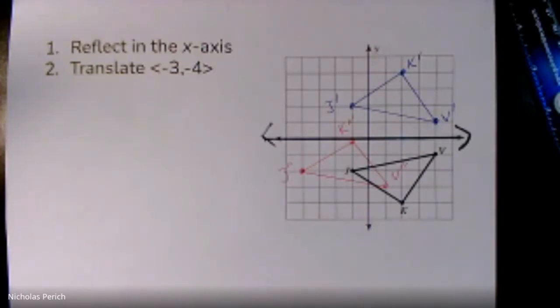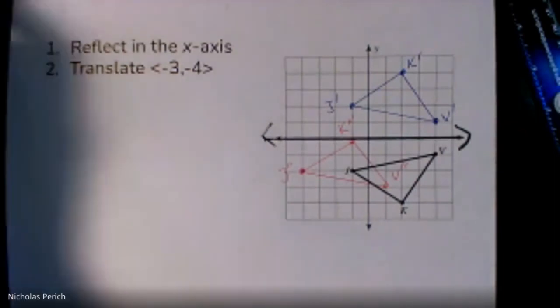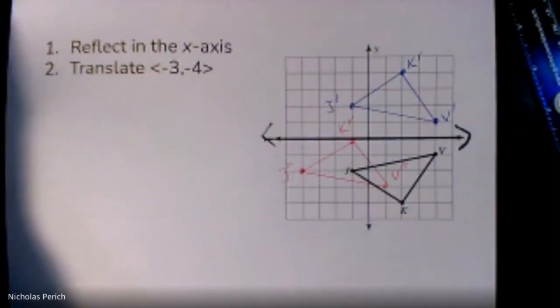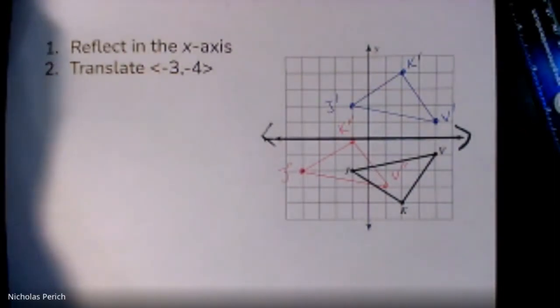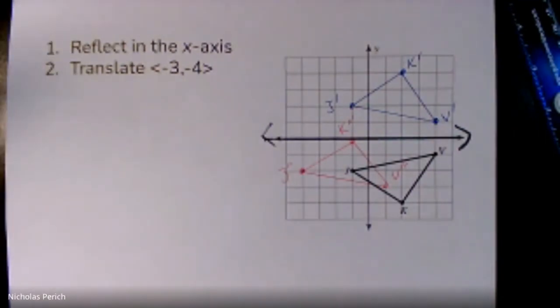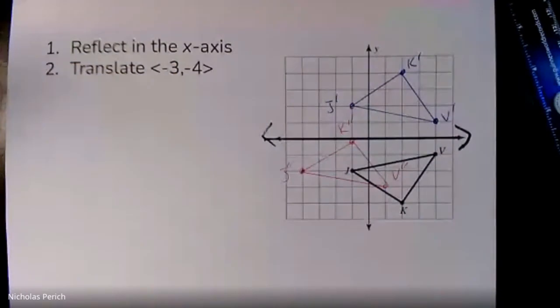The question that was asked was, when you graph using the vector things like subtracting or adding on your points, do you do that from the original thing or the new one? The new one. Great question.